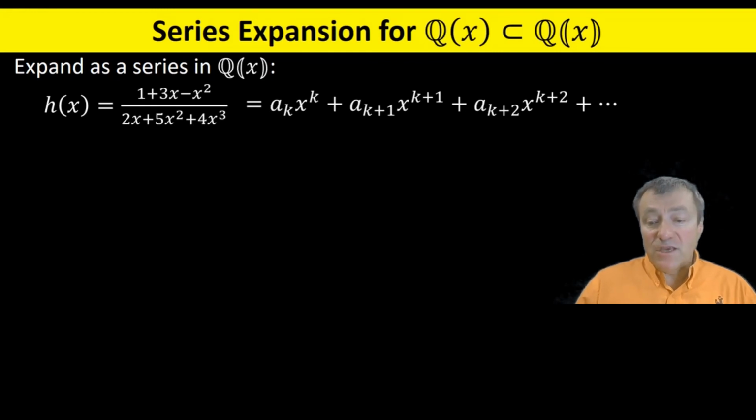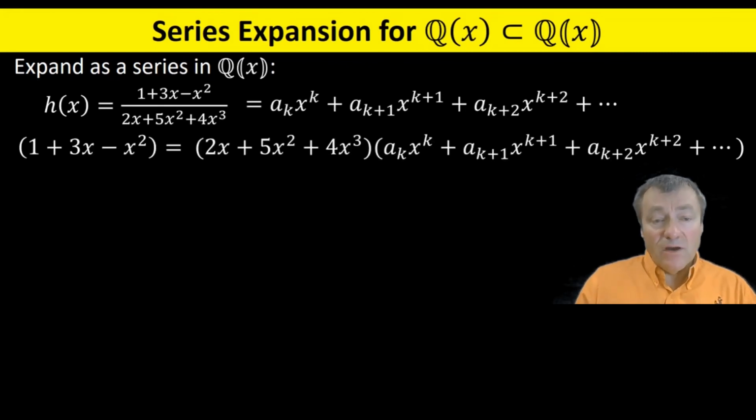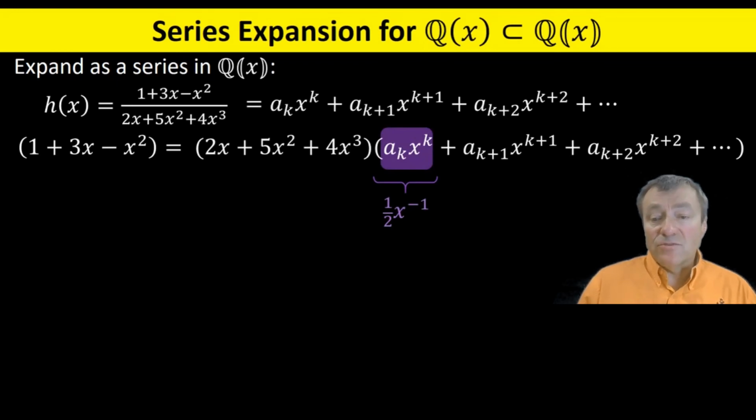Let's take this particular rational function, h of x. According to what I'm saying, this has to be able to expand as a Laurent series. Let's check this. I want to, first of all, cross-multiply to eliminate denominators, compare the lowest degree terms on both sides, and you quickly identify what the missing a_k x to the k is.